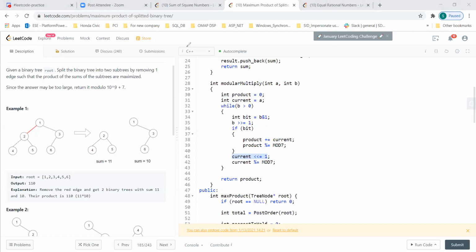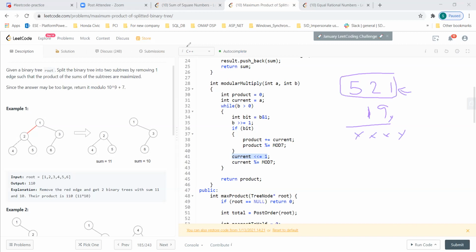So if we had something like 521 multiplied by 19, first, when we multiply by 9, whatever values we get, maybe there are 4 values here. But the next time when we want to multiply by 1, we'll have to shift this value by 1 digit.